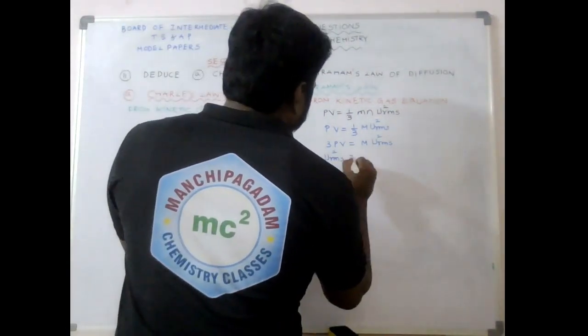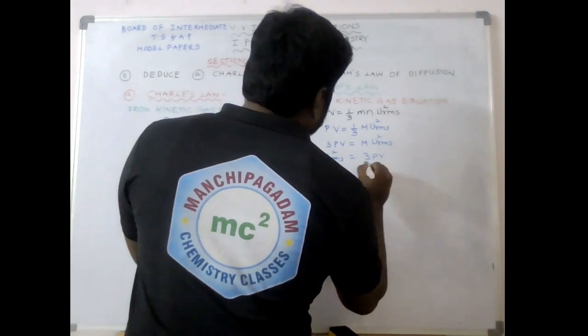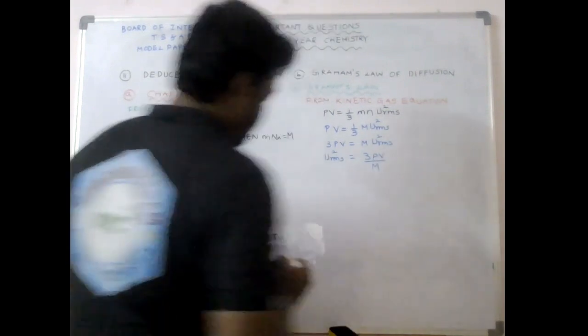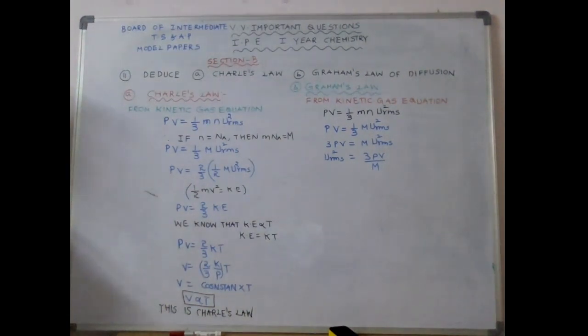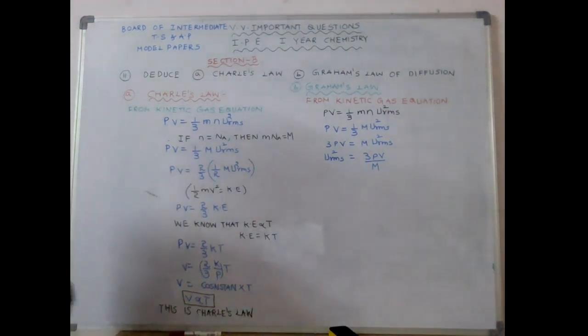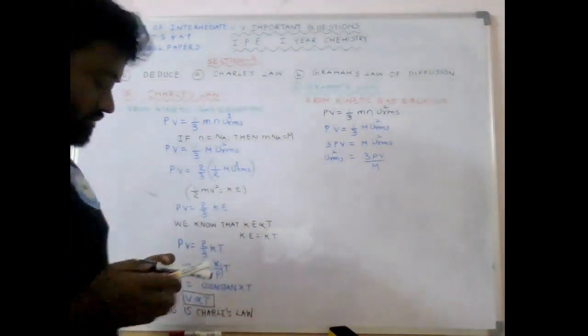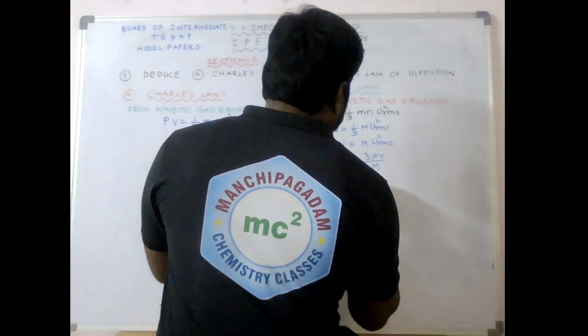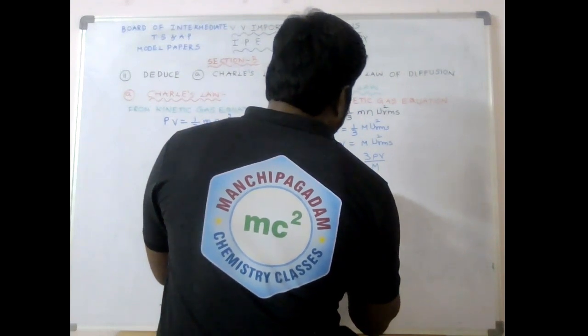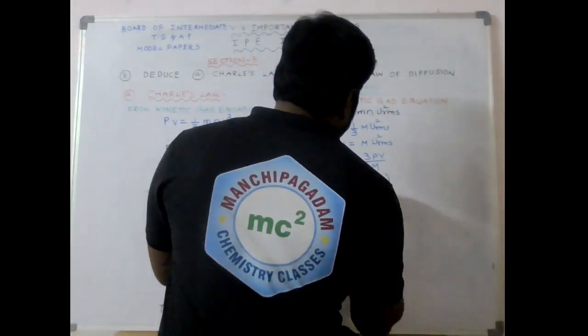URMS square is equal to 3PV by m. Here pressure is constant, of course. We know that mass by volume is equal to density.